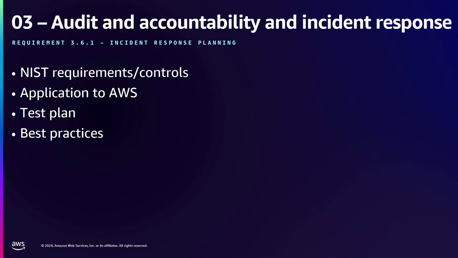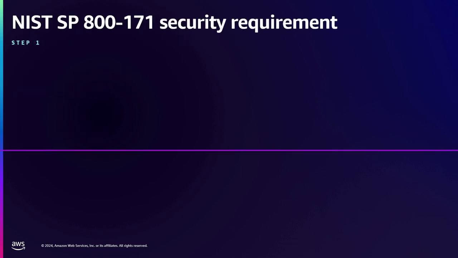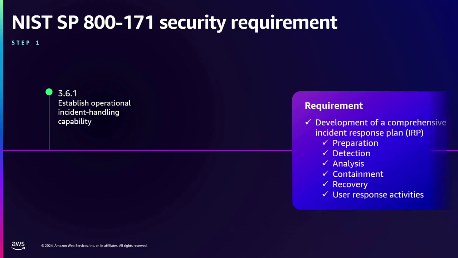All right, so we'll quickly go through one, again, requirement 3.6.1. That's our incident response planning. So as you can see here, establish operational incident handling capability. This translates to anyone's incident response program, right? Every program or every organization needs to have some sort of program in place. And this can consist of an incident response plan.